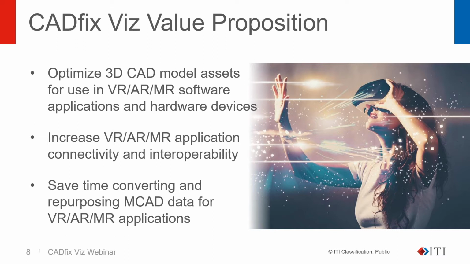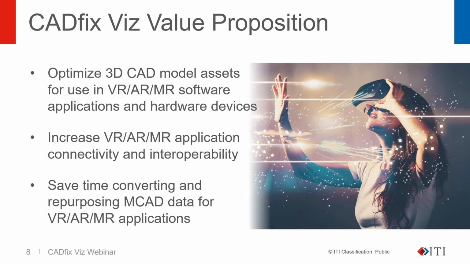And as always, there's the obvious benefit to process automation. We want to streamline this conversion process as much as we can. So CADfix Viz helps to do this conversion with full automation and batch capabilities. And what does this give us? So CADfix Viz reduces the manual work associated with prepping CAD models, large complex CAD assemblies, for use in visualization applications such as VR, AR, MR software, and as I said, web and mobile.